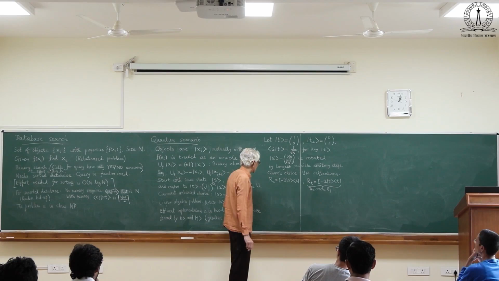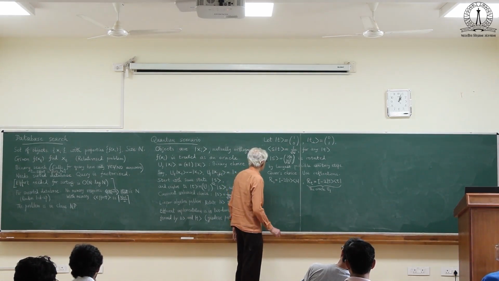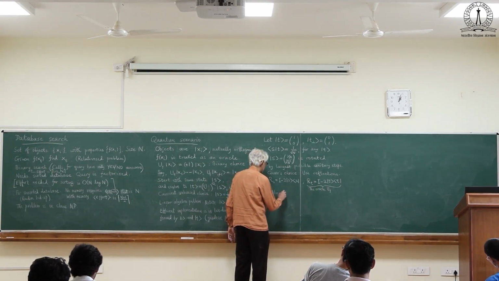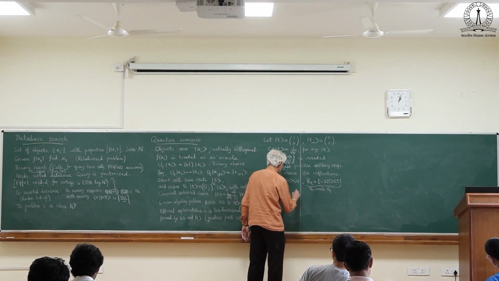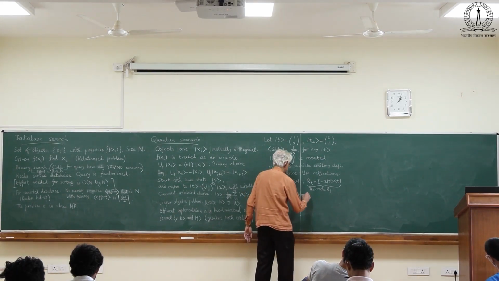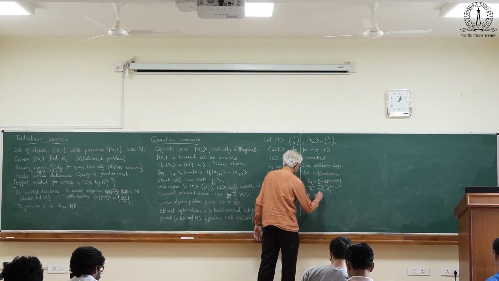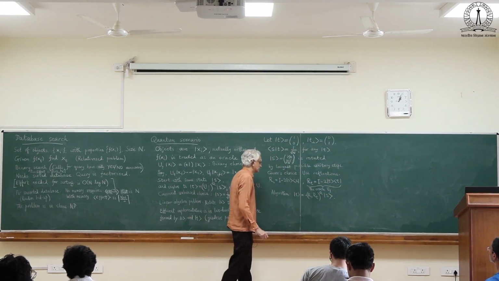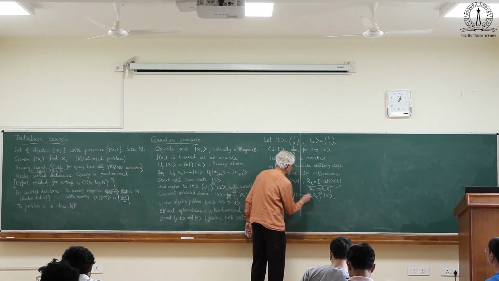So now the algorithm is quite straightforward. It's T is equal to this. This minus sign should be inside. Okay.